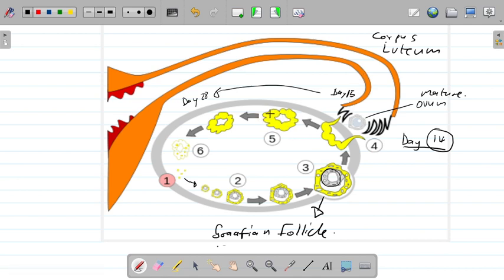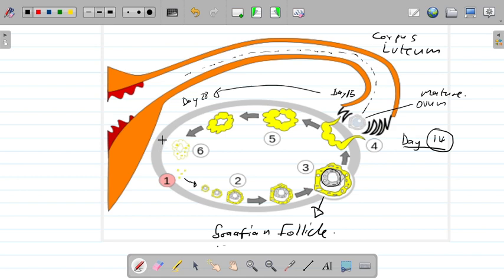Now, the corpus luteum will basically remain active for these days. If there's no fertilization that happens, remember, as it remains active, what happens to the ovum? The ovum travels in the fallopian tubes.